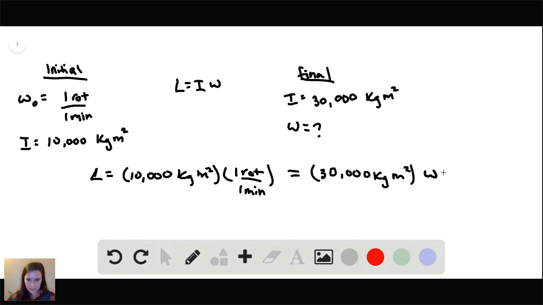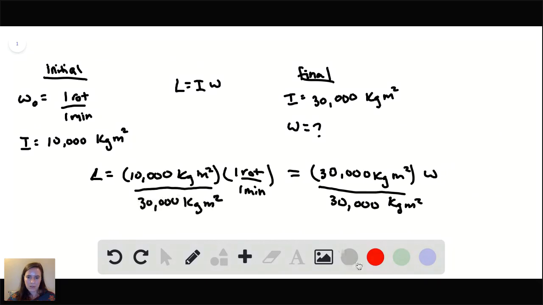Okay, so if we divide this side by 30,000 kilogram meters squared, the kilograms and the meter squareds go away, so we're left with units of rotations per minute.